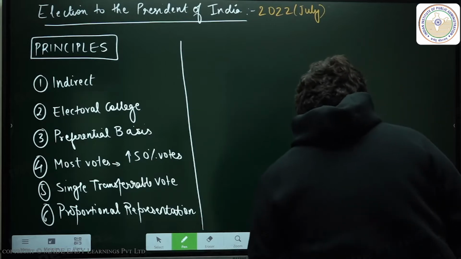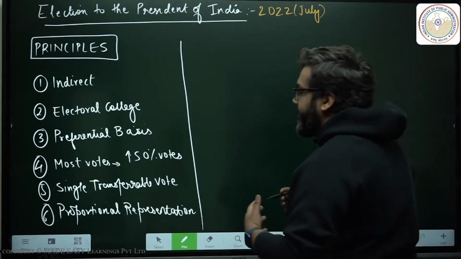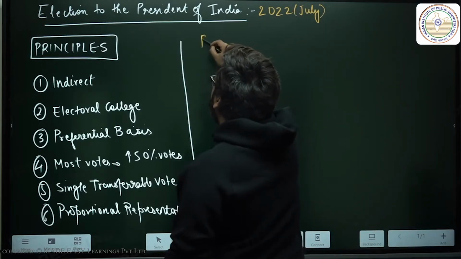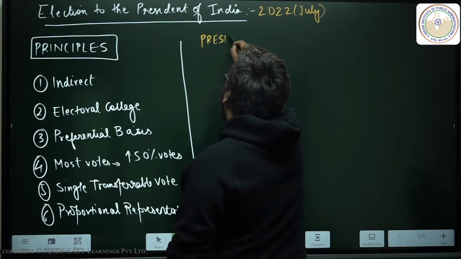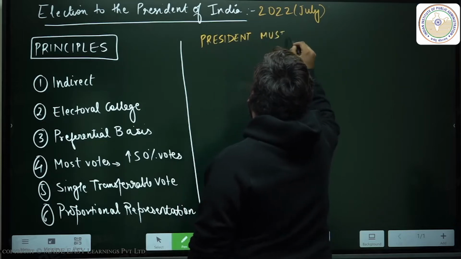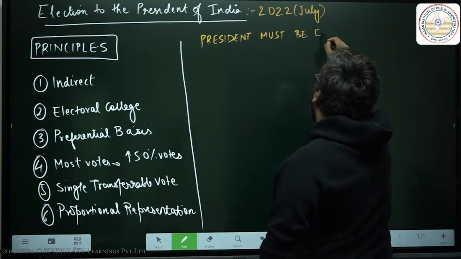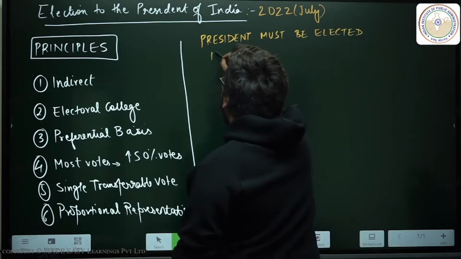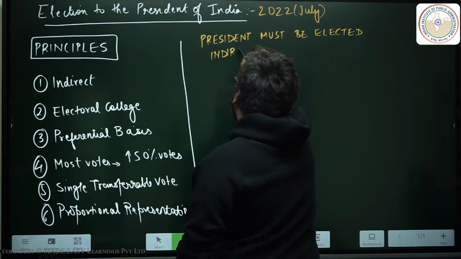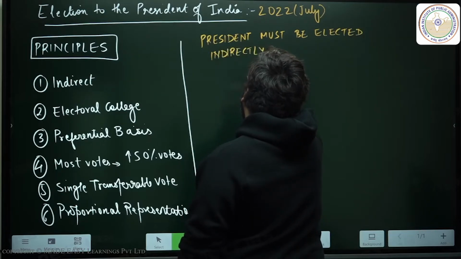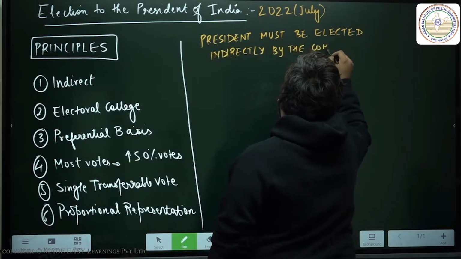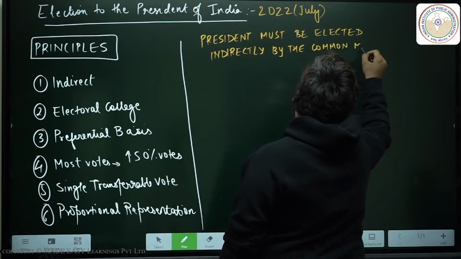Now, the underlying principle, the underlying foundation is that the President must be elected indirectly by the common man.